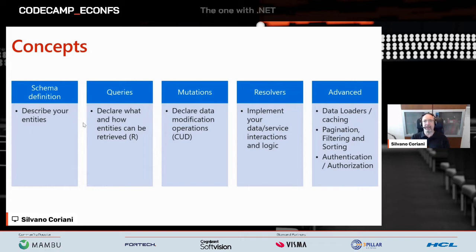The resolvers, again, are those methods or functions within our GraphQL endpoints that are effectively implementing whatever kind of data interaction or data access logic that is required. And of course, there are a bunch of more advanced topics and concepts here. For example, we may want to optimize the way our GraphQL endpoint is retrieving data from multiple services, so we can implement one or more data loaders. We can implement caching so that not all the entities are retrieved every time a client is asking.